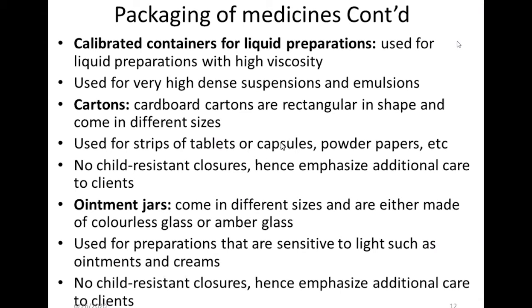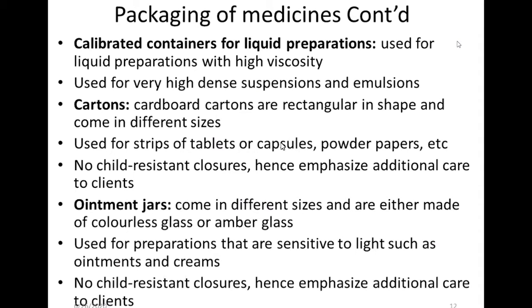Remember, it's just a box. So when you dispense to the client, make sure you tell them that additional care must be taken, because if you leave it on the table or in the living room, the child is going to get it. They will open and consume the drugs which are inside.